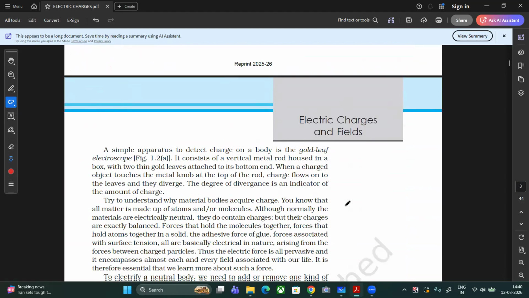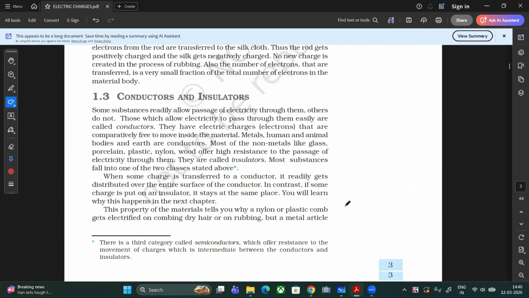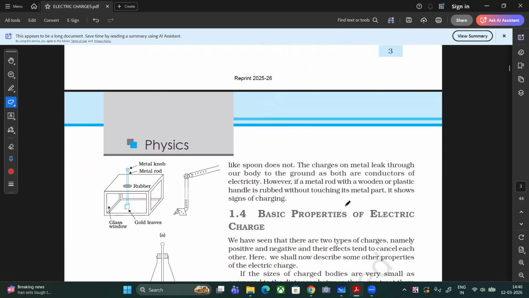Next, we have one of the experiments, the gold leaf experiment. In the gold leaf experiment, we take a conductor, and at the end of the conductor we have two gold leaves attached to each other. When we bring a positively charged rod near the knob, the positive charge spreads all around and is given to the two gold leaves, so the leaves spread out uniformly.